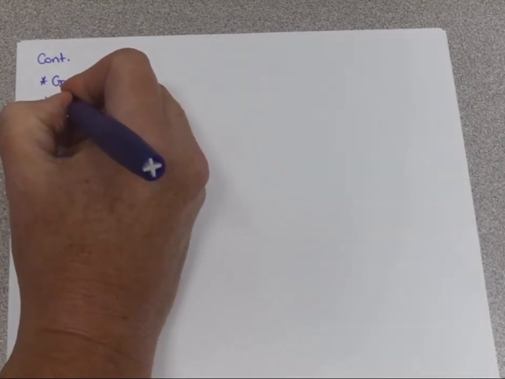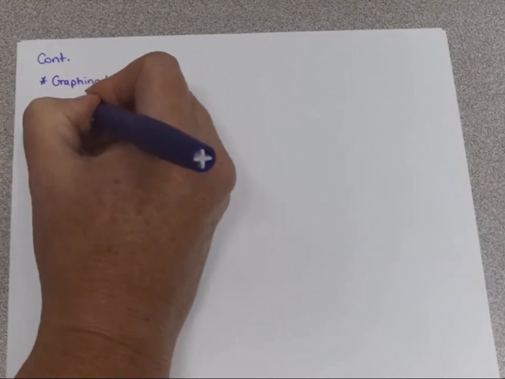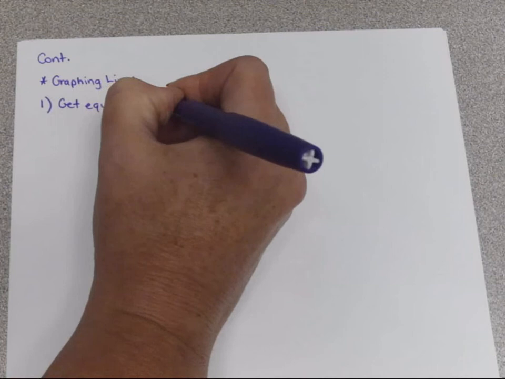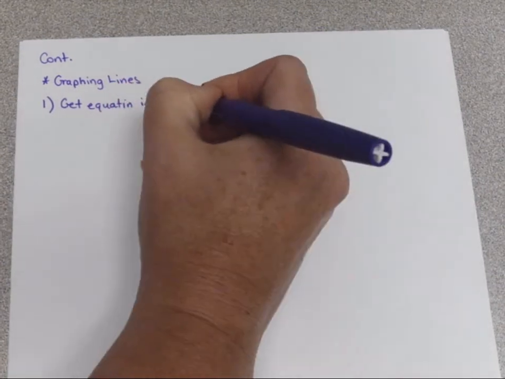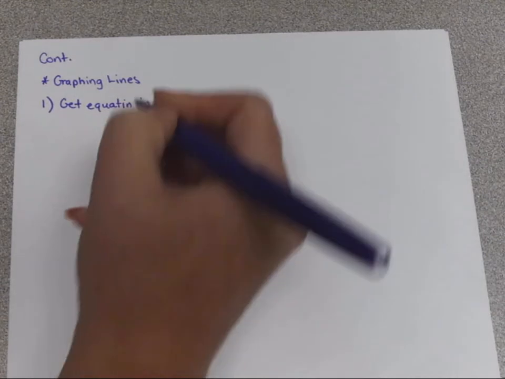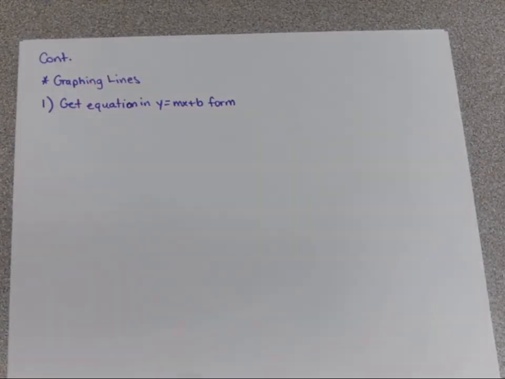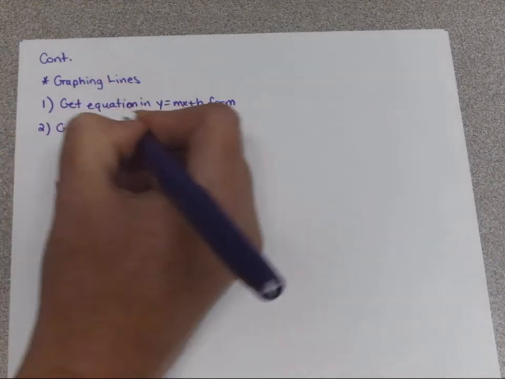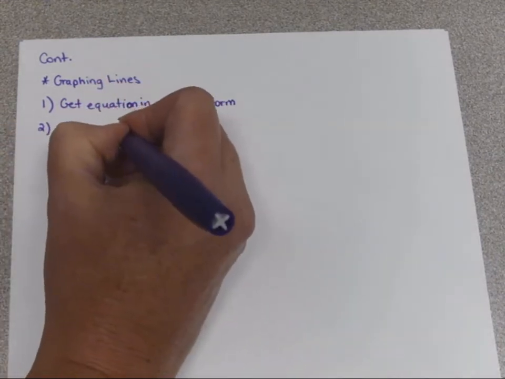The first version is you get the equation in y equals mx plus b form. Then you graph the y-intercept, because remember b is the y-intercept.